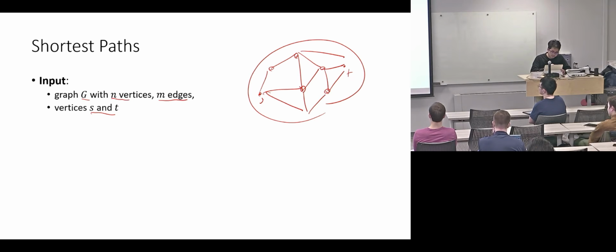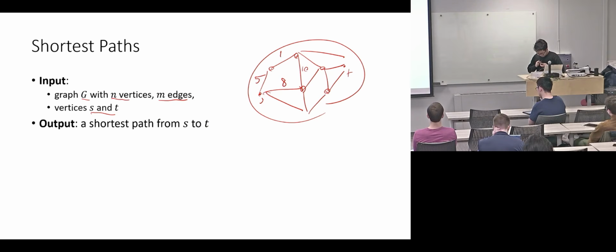And maybe the graph has weights, each edge has weights, and so on. And basically you want to ask, what is the shortest path from s to t?